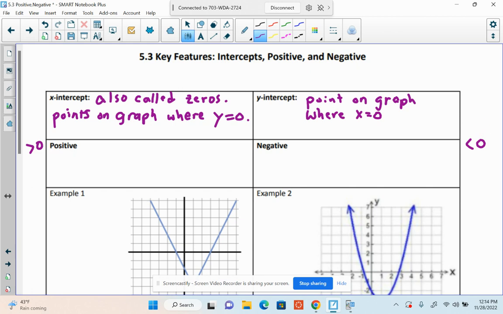What we're going to do on these graphs is find intervals, x values, of the graph where the y values are positive, or greater than 0.